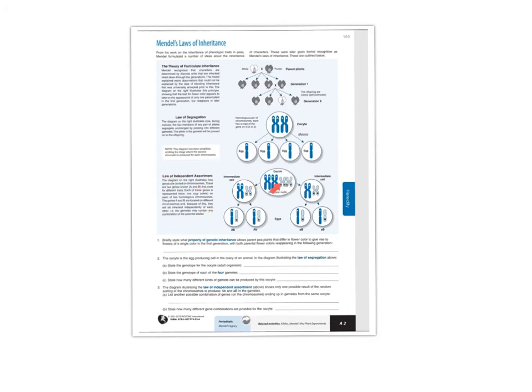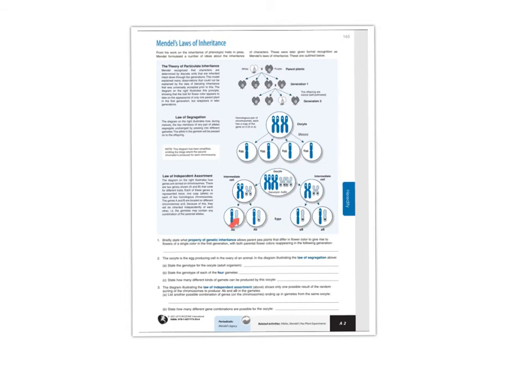Independent assortment. If they were on the same chromosome, we'd call them linked, right? And they would move together. But because they're on two different chromosomes, big A and little b here, they can move separately. So you can get big A big B, big A little b, little a little b, and little a big B.